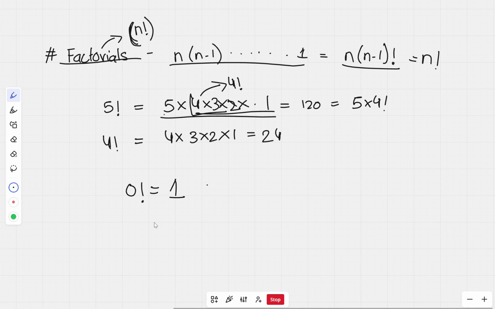Yes, that's a real definition. It's not undefined, it's not infinity, it's not nothing, it's simply 1. Factorial of 0 is 1. We'll see why later in this video or in future videos. We'll not talk about this right now. So let's move on to another topic.